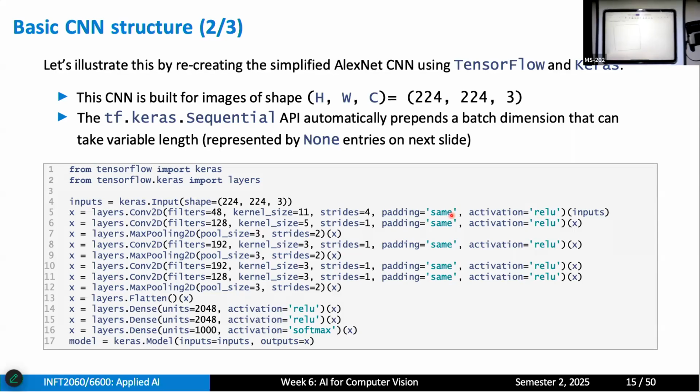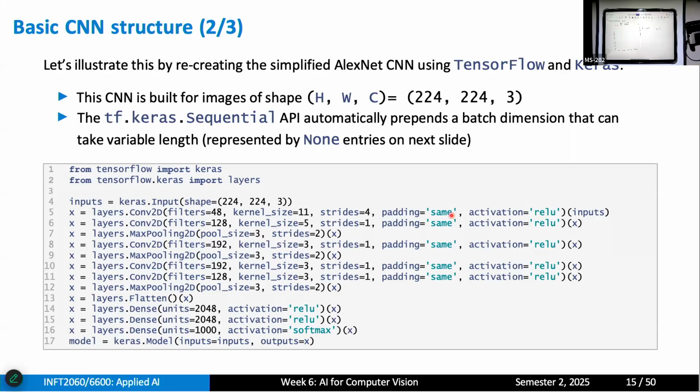For example, this is an image. The input image height is 442, and the width is 442 as well, and the channel is 3, okay?